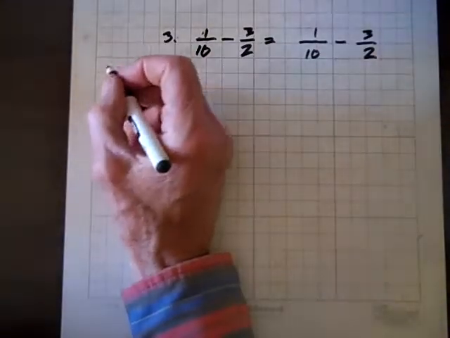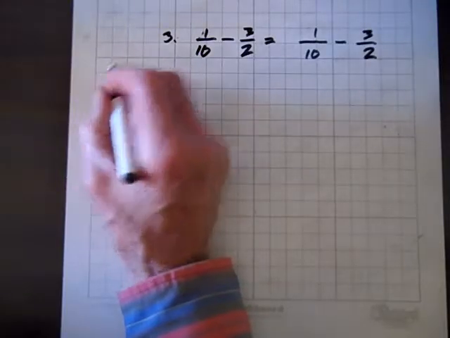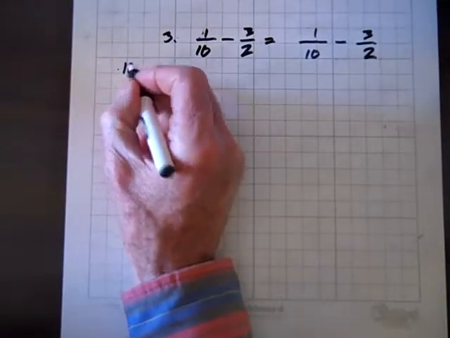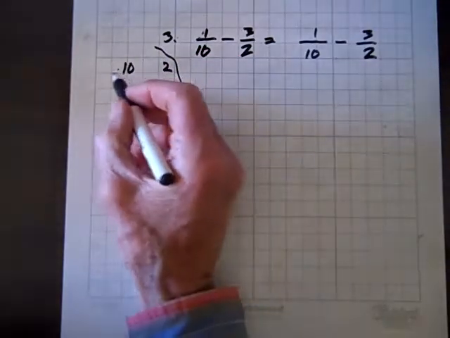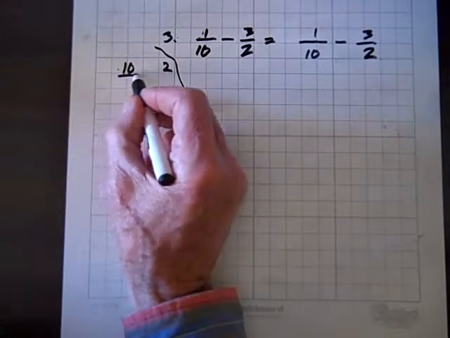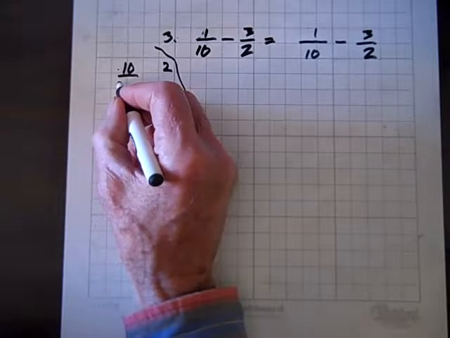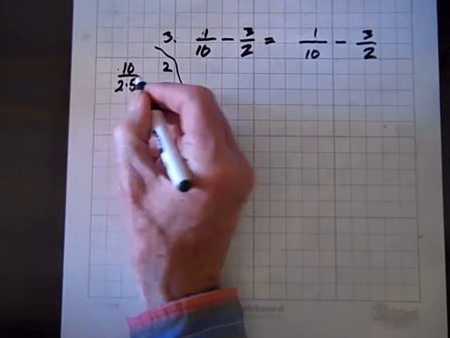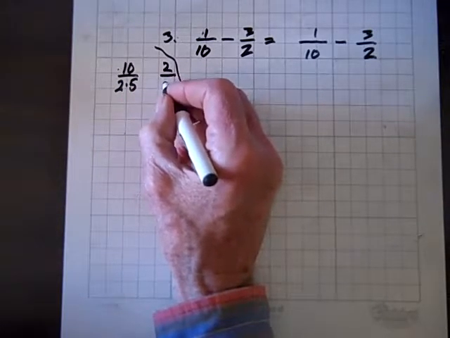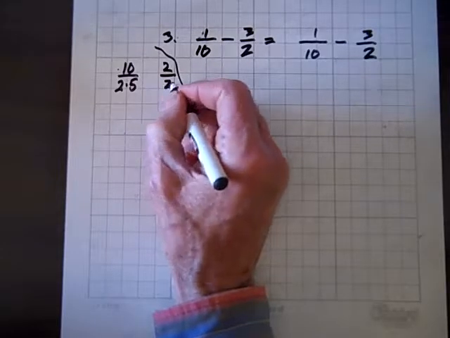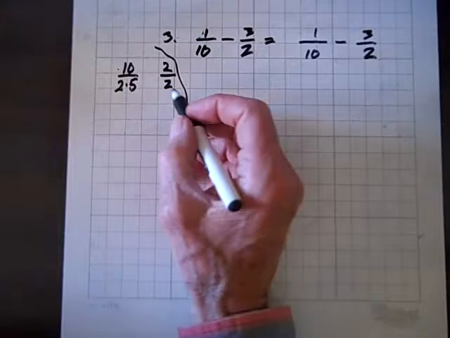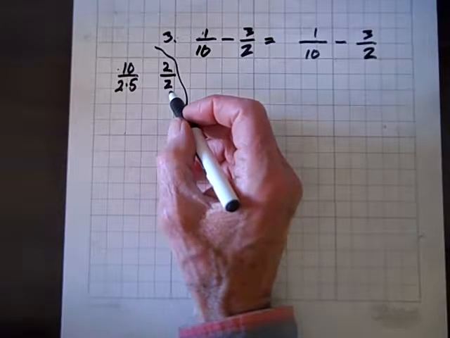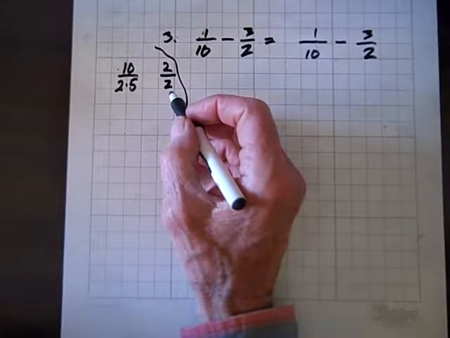Well, to find that out, we'll do this. We'll write down every denominator, 10 and 2. So this is a little aside. And now we'll rewrite 10 in prime factorization form, 2 times 5. And the prime factorization form of 2 is just 2. So 2 is prime, 5 is prime. By the way, 1 is not prime.